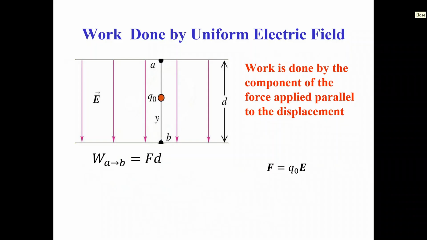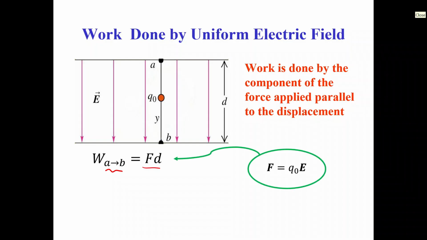So the work is going to be done by the component of the force that is parallel to the displacement. So we're looking for F times d. Since we're going from A to B, and want the work done from A to B, we just need F times d. There's no angles or anything we need to worry about.